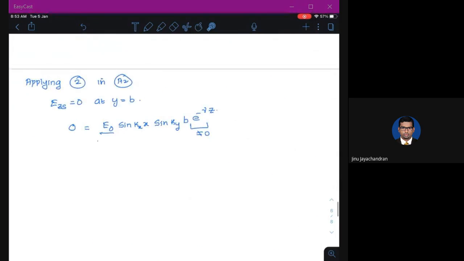So the only possibility is when sin ky b is equal to 0.